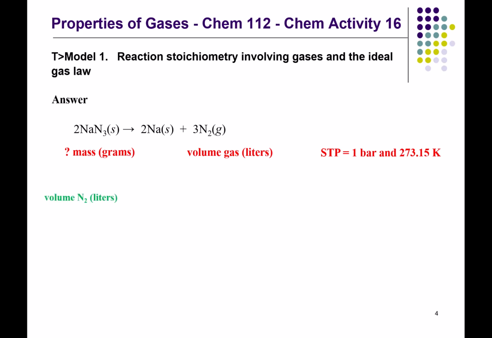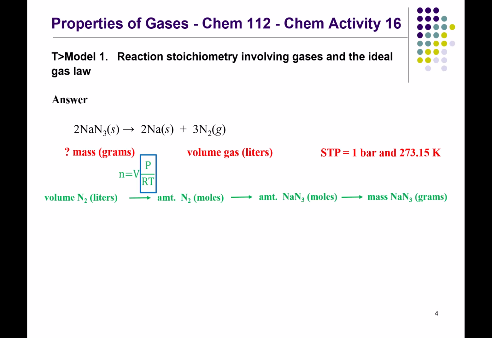We're starting from the volume of nitrogen gas in liters, or at least this is what we want to produce. If we know the volume of nitrogen gas, we can now convert to the amount of nitrogen gas, making use of this rearranged ideal gas law equation. Once we know the amount of nitrogen gas, we can calculate the amount of sodium azide. And if we know the amount of sodium azide and the molar mass, we can calculate the mass in grams.